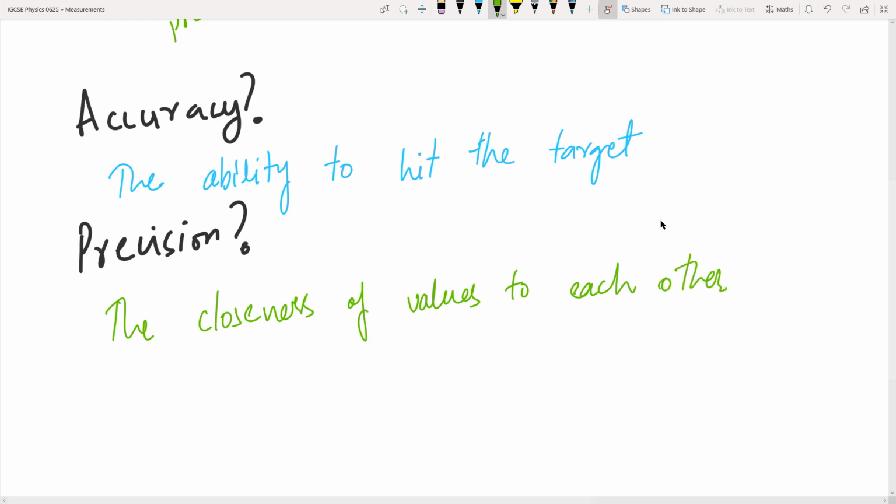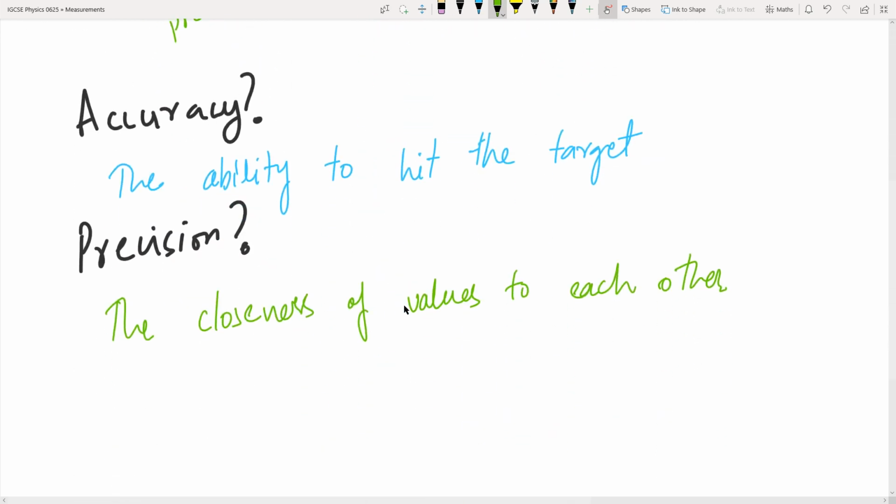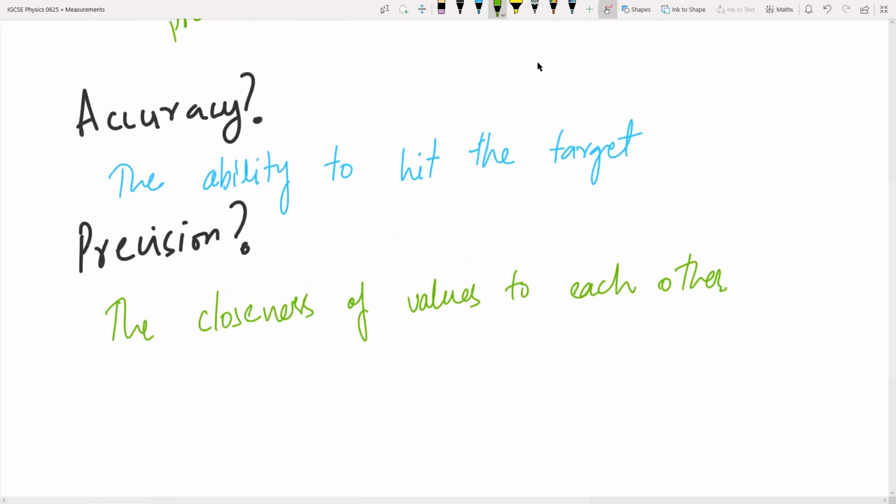How close each of these values were to each other, irrespective of whether they were close to the requirement or not. In this case, this was not. In the third case, they were also close to the target value. So I'm just going to redefine this.